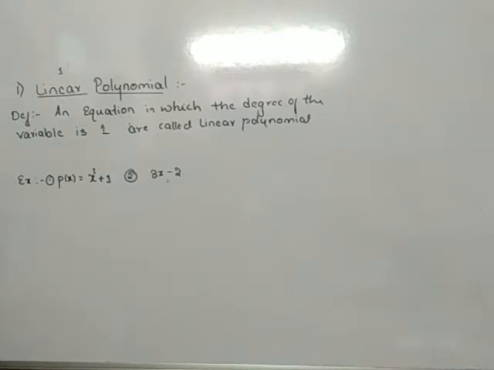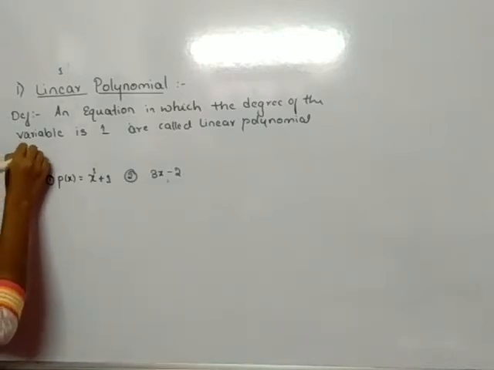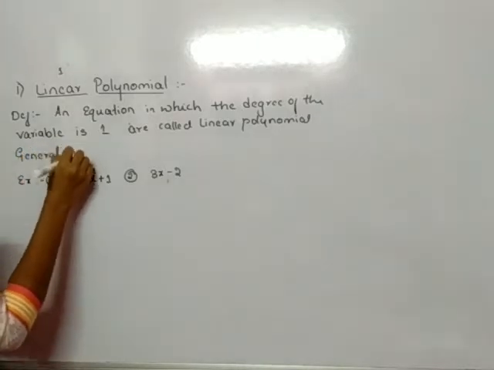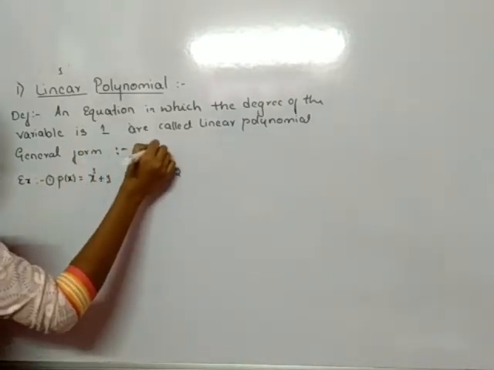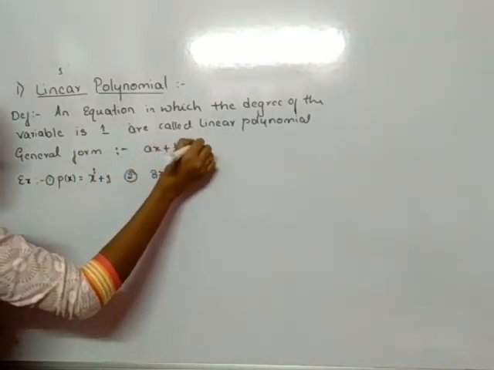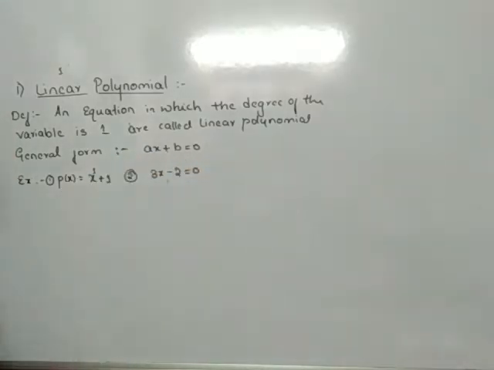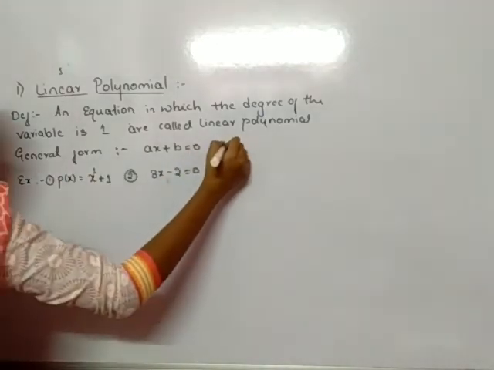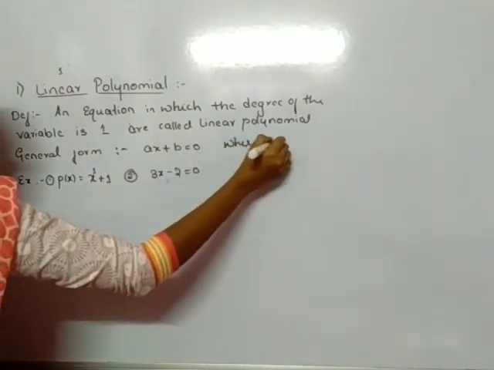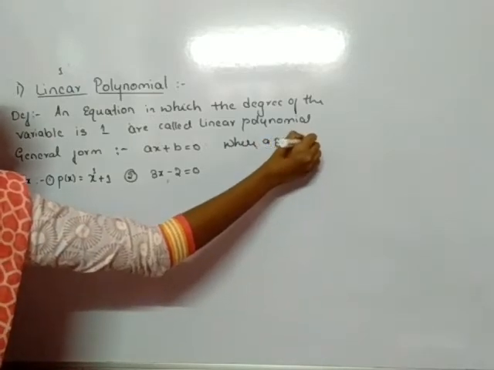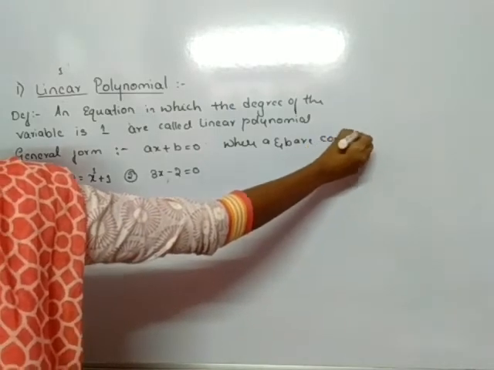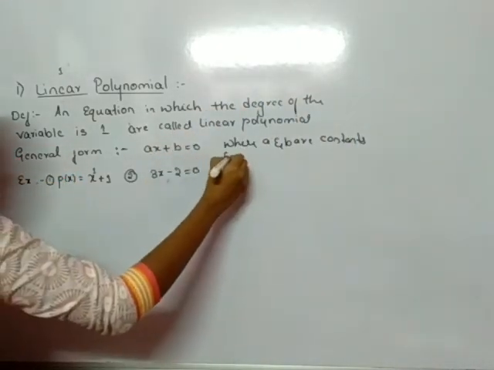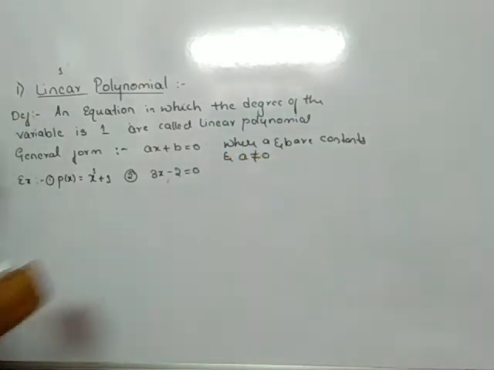Then the general form of the linear polynomial is ax plus b is equal to 0. Right? This is the general form of the linear polynomial, where a and b are constants and a must not equal 0.